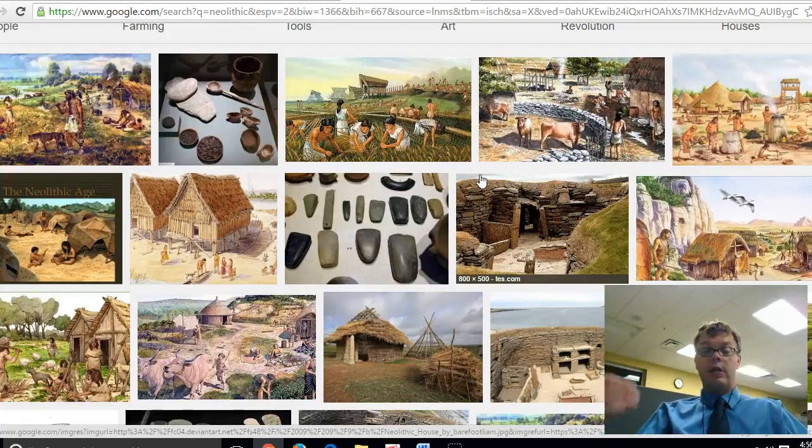They're not necessarily hunting them, they're raising them now. So when you talk about the Neolithic Revolution, this is the big change where people are going from hunters and gatherers to living settled lives as farmers, meaning they're both raising their own crops and also raising animals.